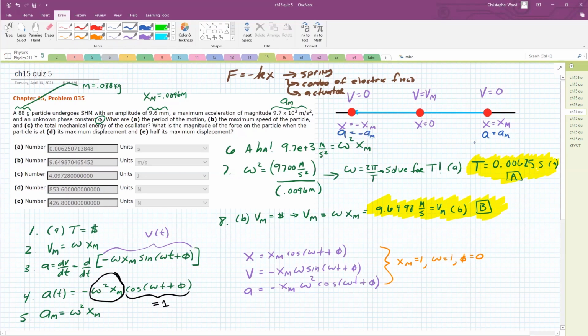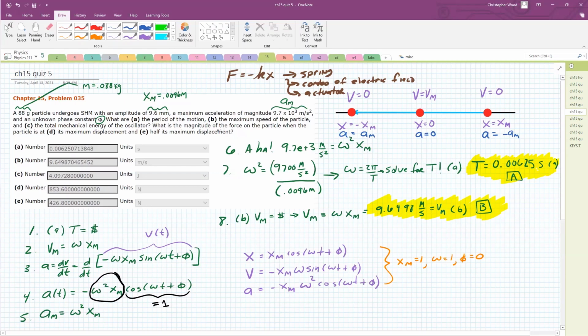Technically, I should have A equals negative A max based on what I just found out. And this is A equals A max. And this is A equals 0. Okay. So I have my maximum acceleration at these extreme endpoints.